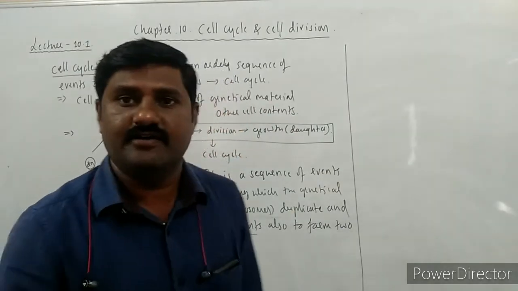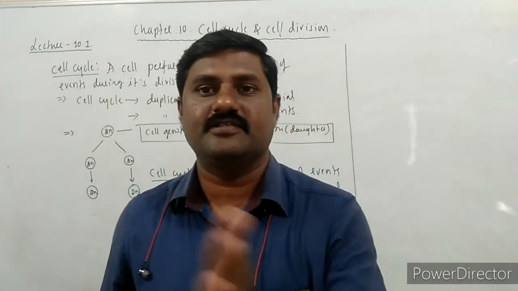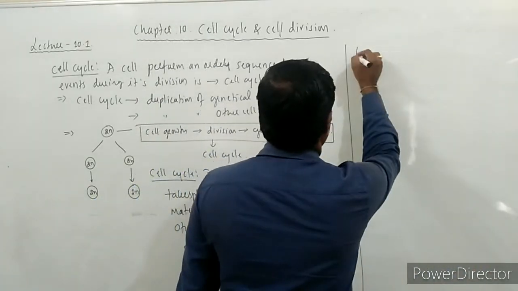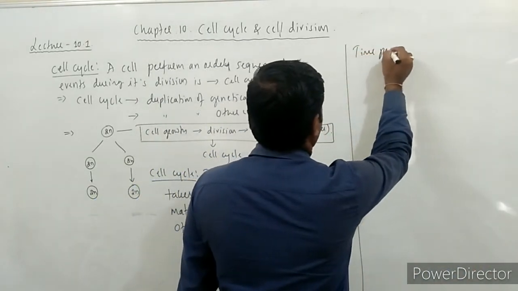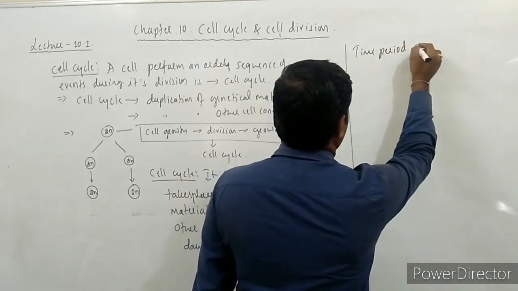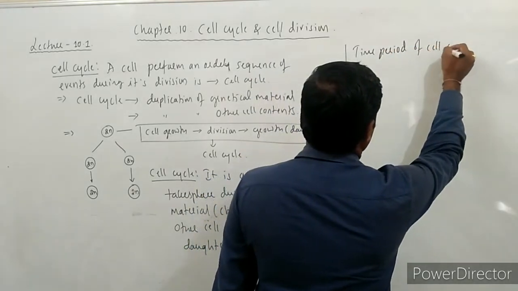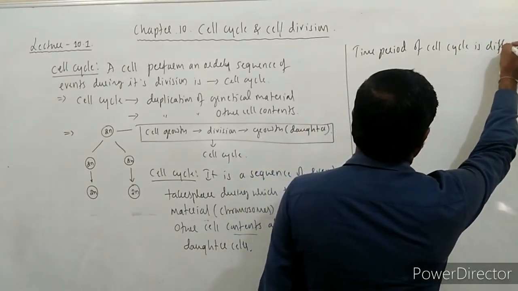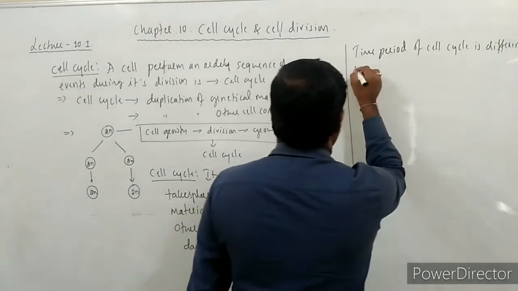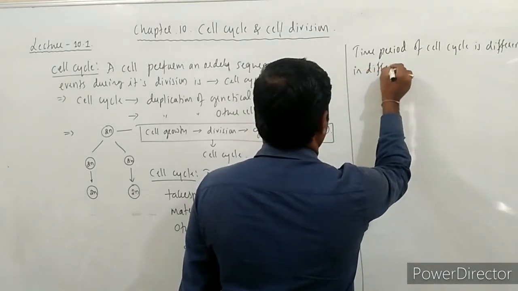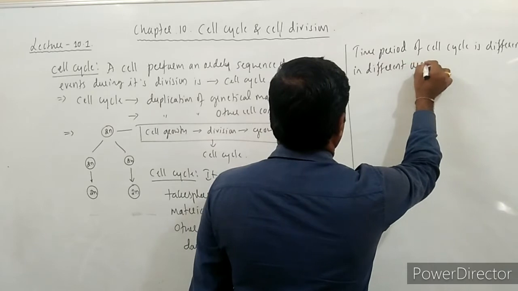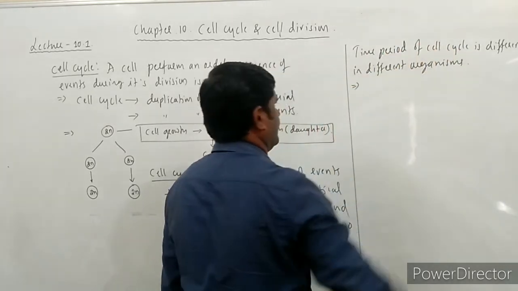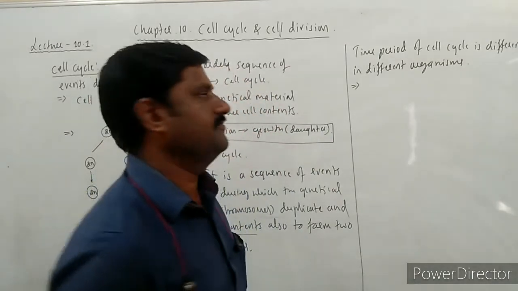So the time period for this cell cycle is different in different organisms, right? Say for example, the time period differs.